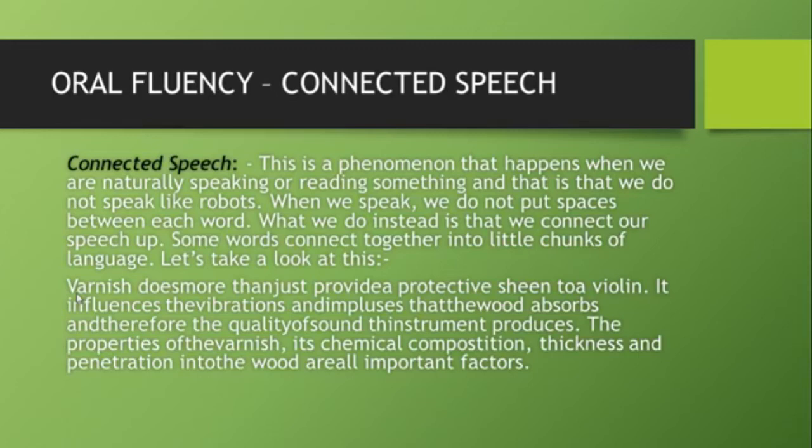The quality of sound, no space. Of sound the instrument produces. Now in "instrument produces" there was a space in between, but there was no space between "the instrument". The properties, space was there, of the varnish. It is not "of the varnish", it is of-the-varnish.